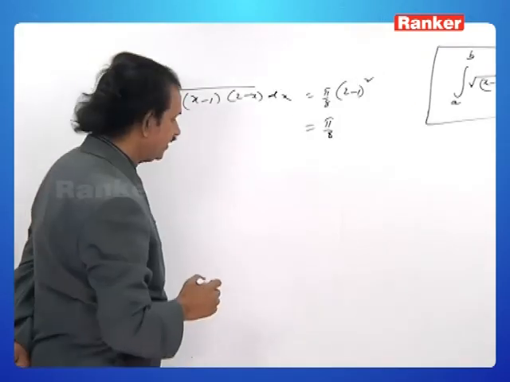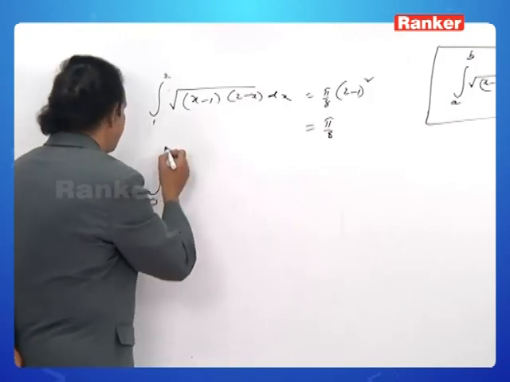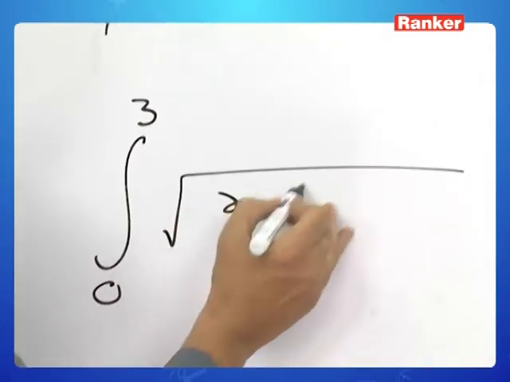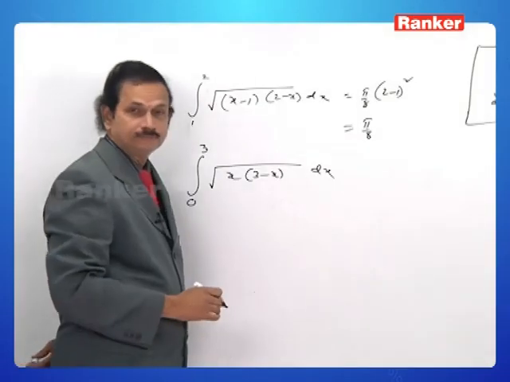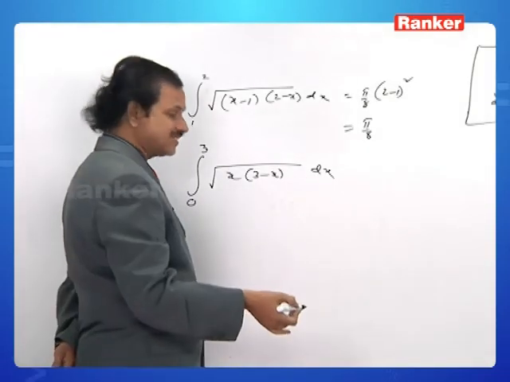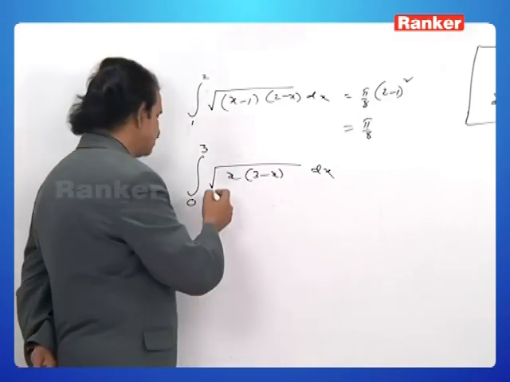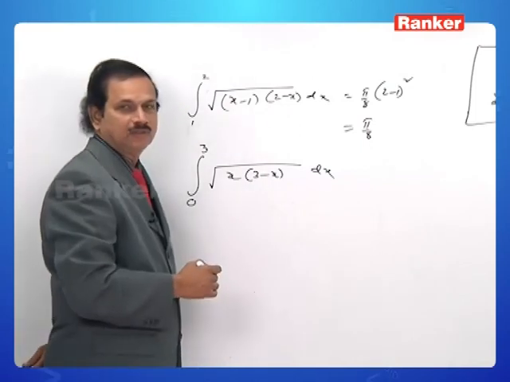Pi by 8. Another problem: integral 0 to 3 of square root of x into (3 minus x). As we discussed just now, in the place of a we have 0 here, so x minus a is x, and we have 3 minus x.